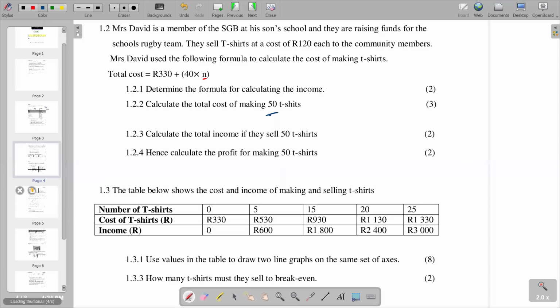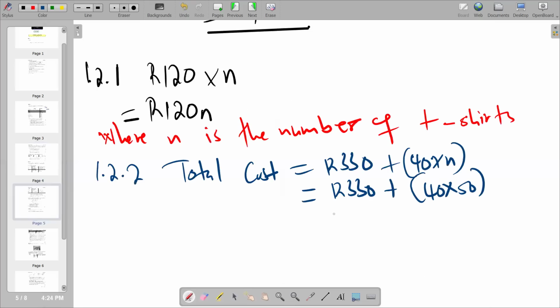So obviously we are substituting 50 for N. We simplify it further, we see what we get. We calculate to get 2,300. So this is our total cost, 2,300.